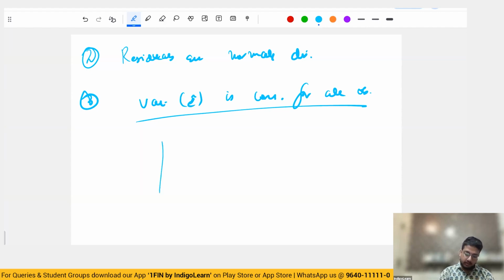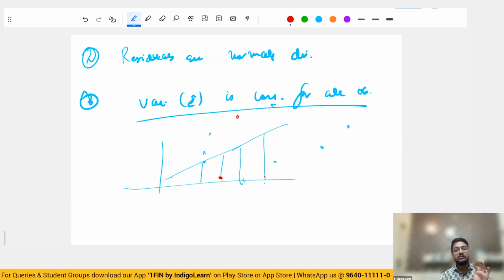That your error term is not hyperventilating. It's not something like this. For this xi, the error term is over here. For this xi, the error term is over here. For this particular xi, the error term is somewhere over here.